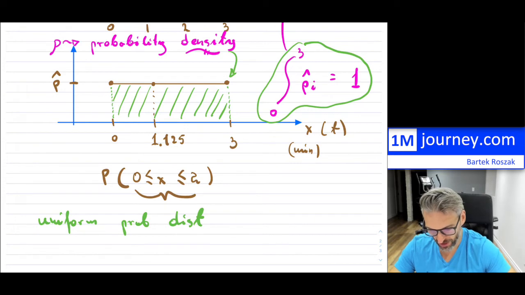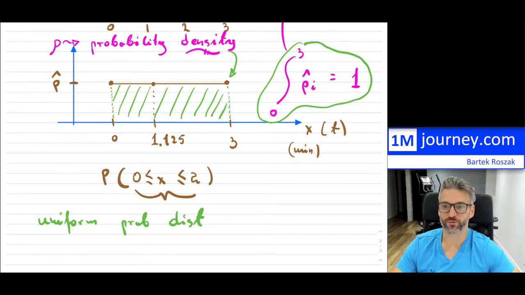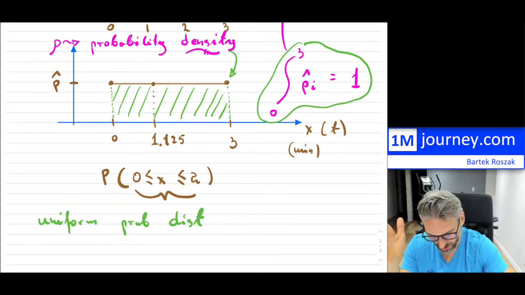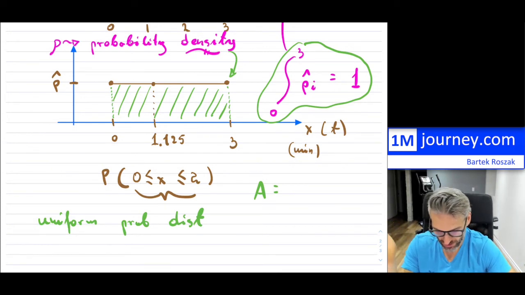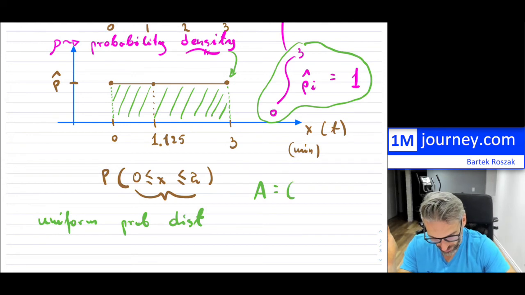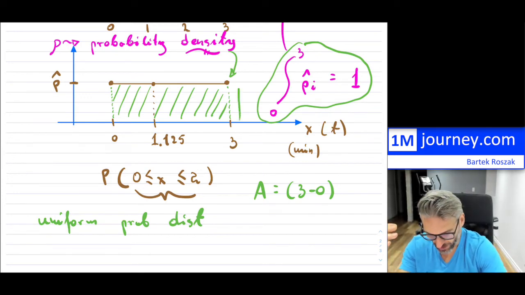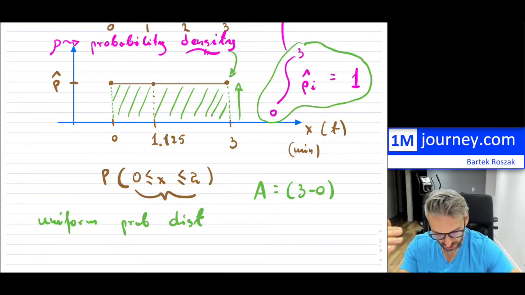In here, the area would have been simple. You're going between 0 and 3, right? So that's 3 points. The area is your x over your y. In this case, it's just a rectangle. So this is your x, x minus 0, that's across your x. And then from here to here, whatever this might be, we can actually find out exactly what that is.